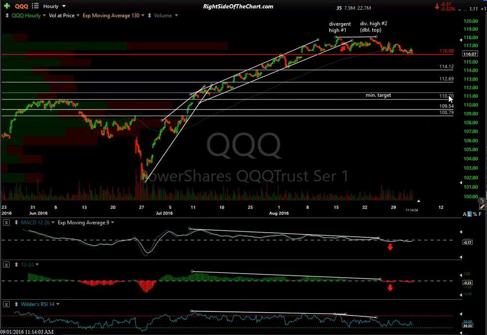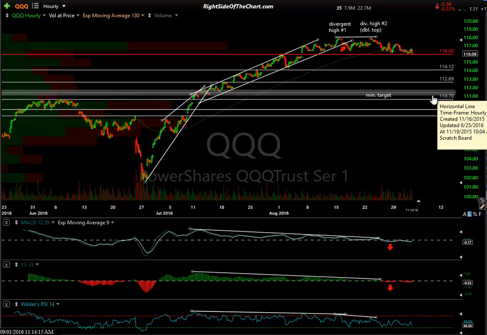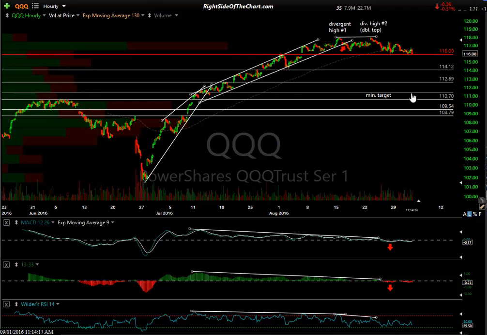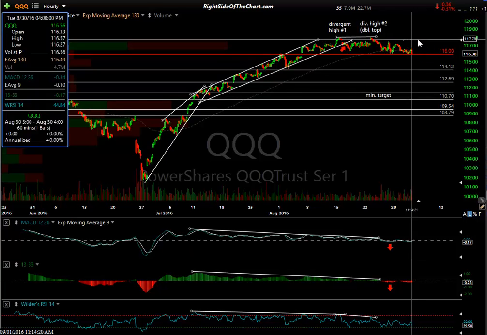That level's the actual support level, so you want to cover a little bit above that, maybe 110.82. And with an OCO order, either your stop gets hit first, which will cancel that buy to cover order down there, or your buy to cover limit order gets hit and the stop's canceled.